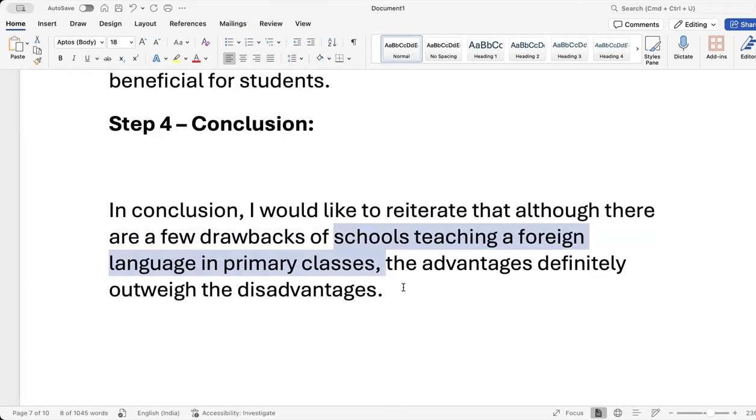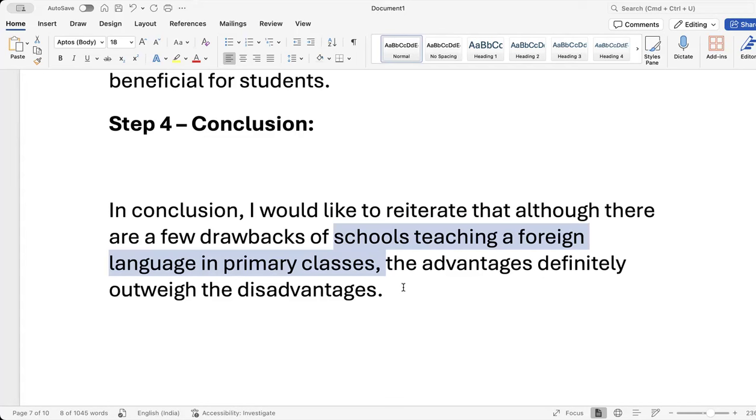Sir, I have a doubt. If we are given an advantage disadvantage essay, or an agree and disagree essay, or any other essay type, the structure of the essay will generally be introduction, and then in body paragraph 1 we have to write about the advantages or agreeing points.